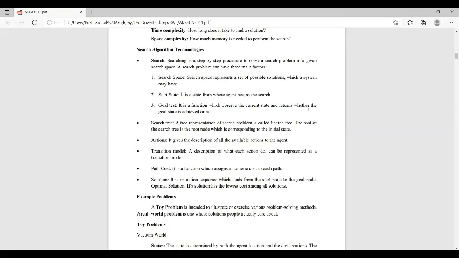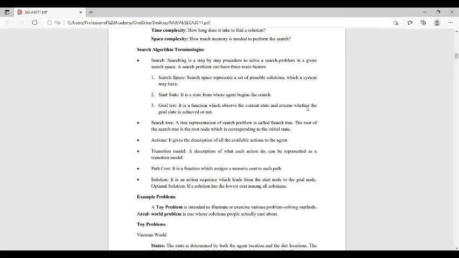It will have three main factors: search space, start state, goal state. Search space represents the possible solutions which a system may have. Start state is the state from which the agent begins the search. Goal state observes the current state and returns whether the goal state is achieved or not.